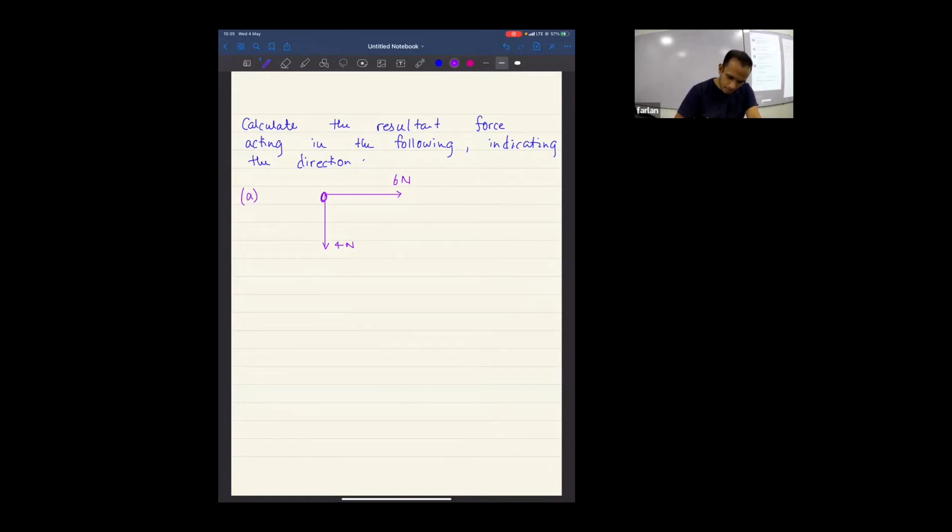And part B. There's a force of 6 newtons acting this way, and 4 newtons acting this way.